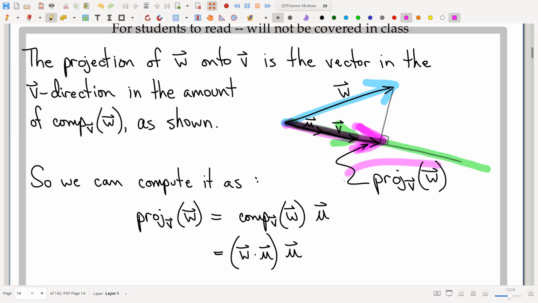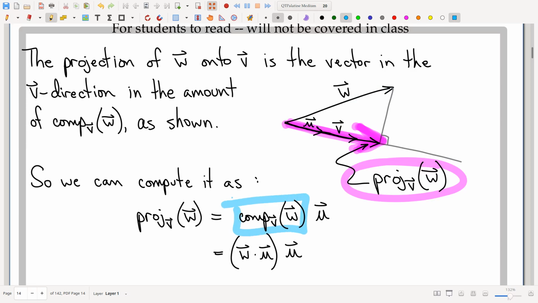That's the big difference between a component and a projection. Let me just try to clean up. There we go. So that's called the projection. And you can see it's closely related to component. Right, there's component right there. The component gives you the magnitude of that vector.